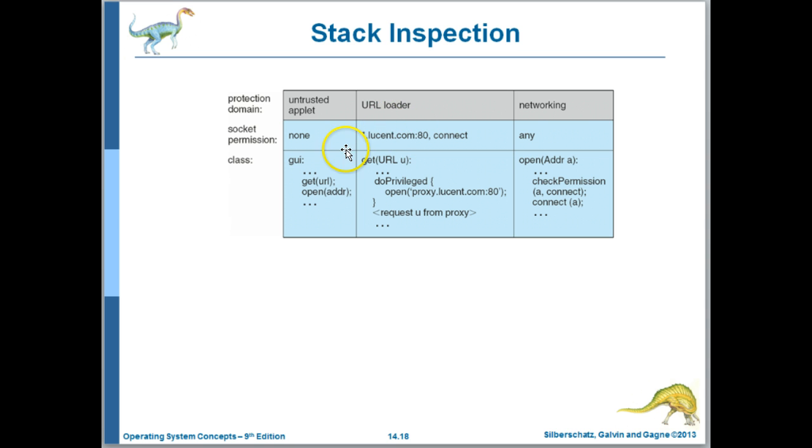So operating on behalf of the applet, it invokes open within a doPrivileged, so that adds this capability on the stack. The doPrivileged executes the open method in the networking class. The open checks that the connect permission is there for the address and allows the method to continue executing.